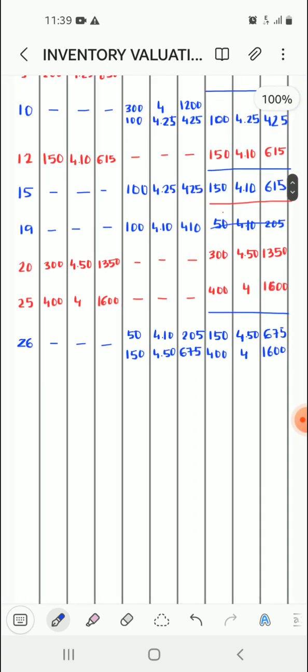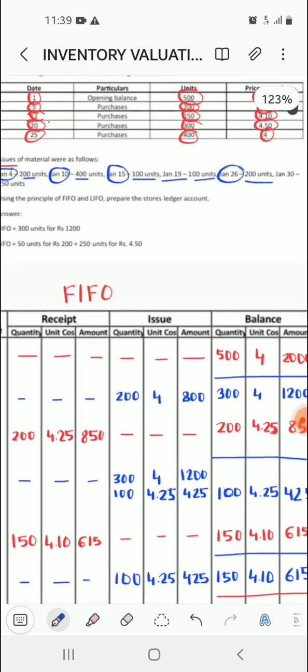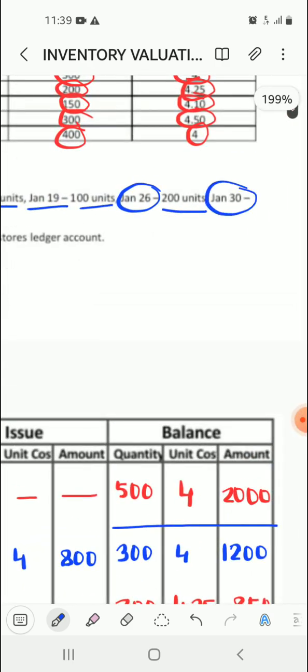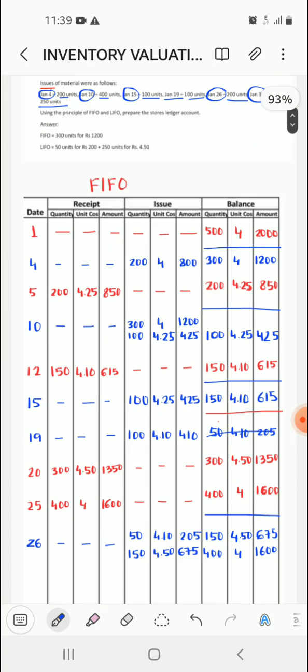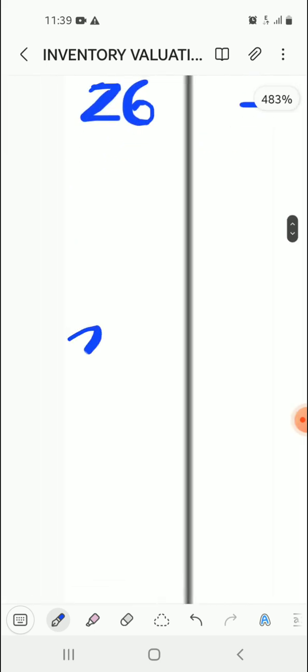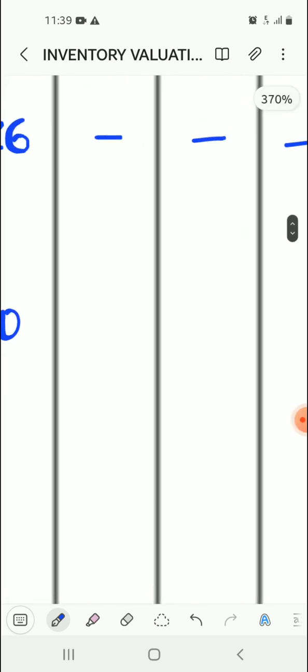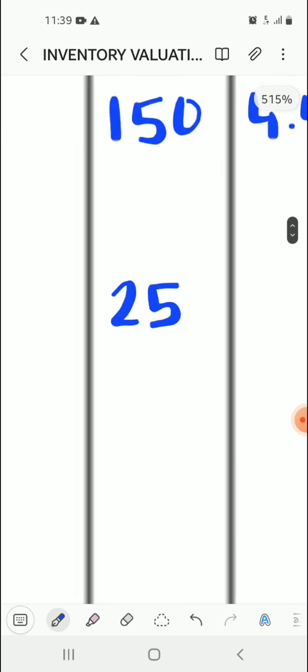Now let's move to the next date. That is, you can see on Jan 30, there has been a further issue of 250 units. So Jan 30, 250 units, further issue. No purchases, only issue for 250 units.